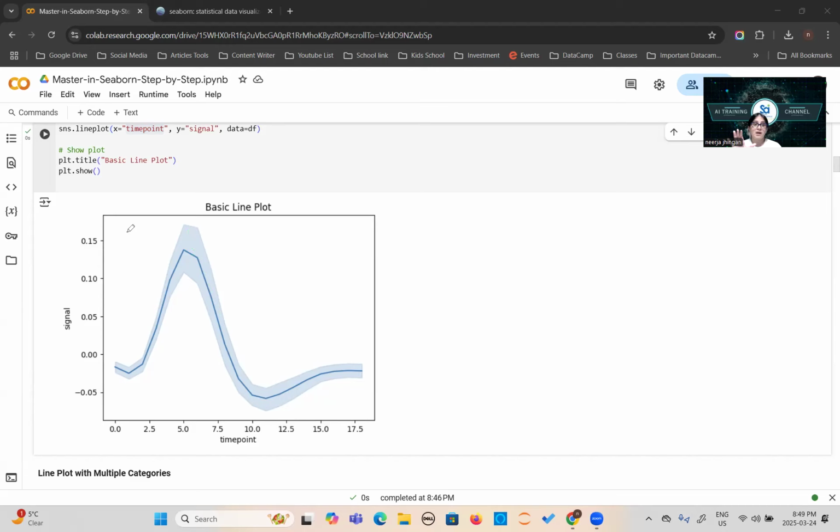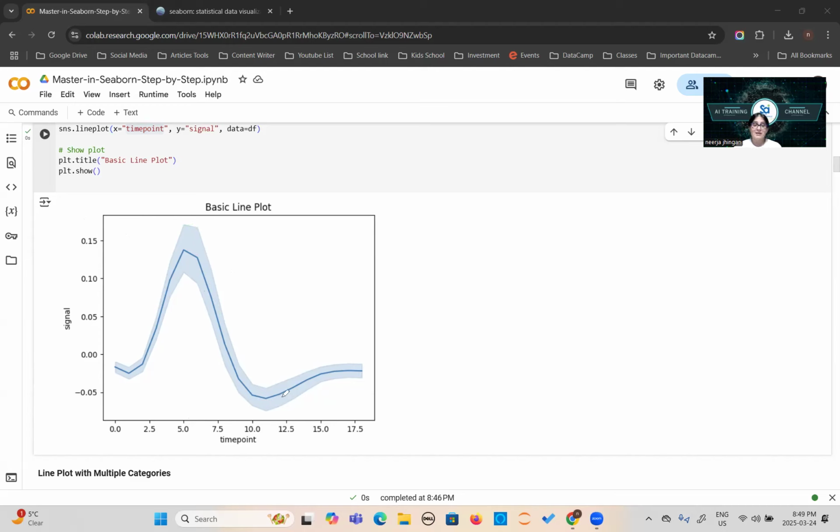It can be up to 0.20 when the time point is between 5.0 to 7.5, the highest peak. So this is showing when the time point is between 5 to 7, it is at the peak sending the signals to the brain, right?